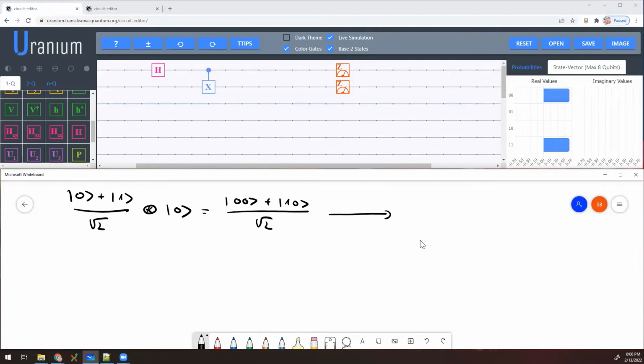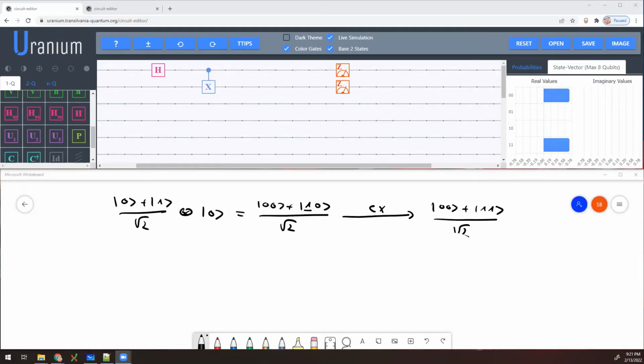And by applying the controlled X gate, the state of the target changes only when the control is in state 1. So we have |0,0⟩ plus |1,1⟩ over square root of 2. And this is a fully entangled state. We cannot separate the qubits, and the correlation holds in whatever basis we measure.